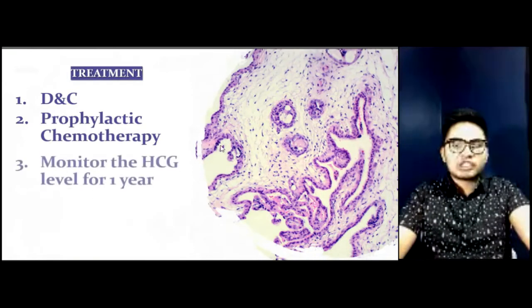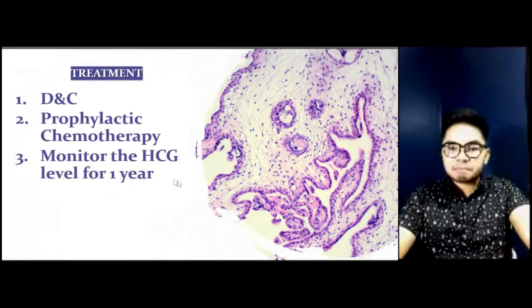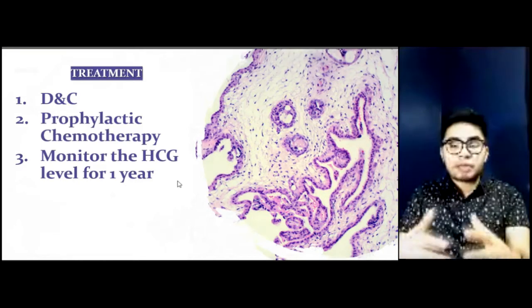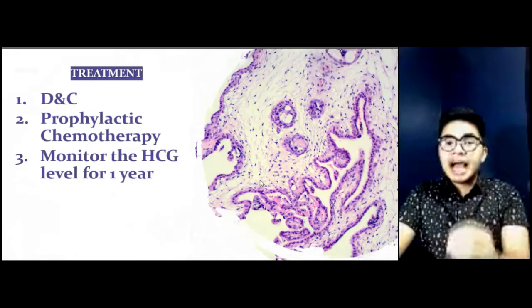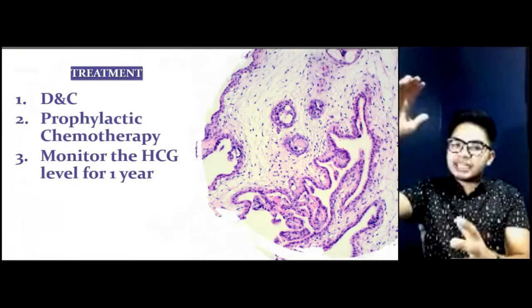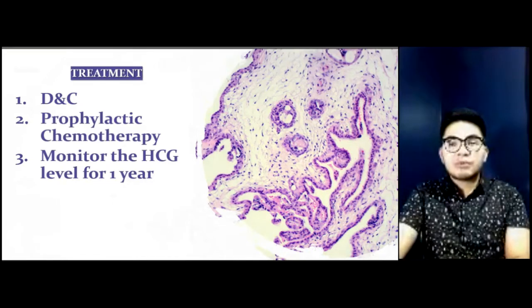Number three is monitoring of the HCG level for 1 year. The initial level of the HCG must be documented to be used as a basis. Because if there would be an increase in the HCG levels, most likely chorionic villi would occur.